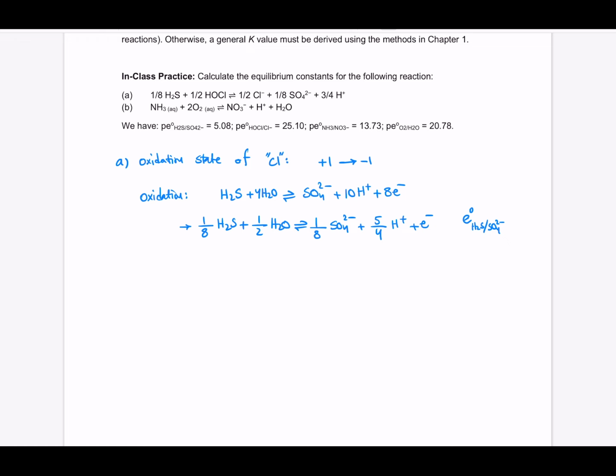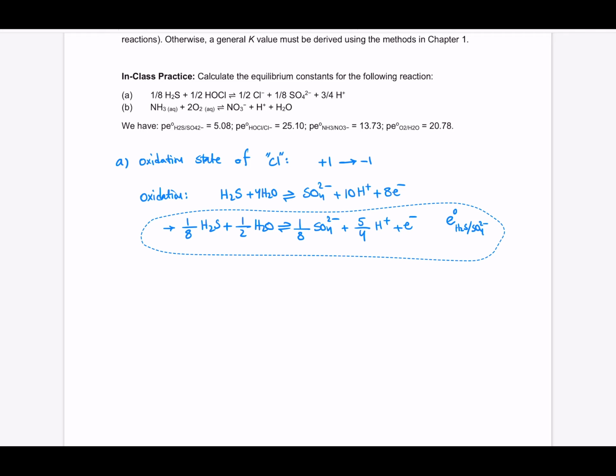So obviously, if this is the oxidation reaction, the other pair would be involved in the reduction reaction. So it would be the pair of HOCl and Cl minus.